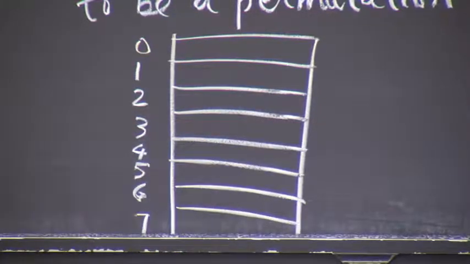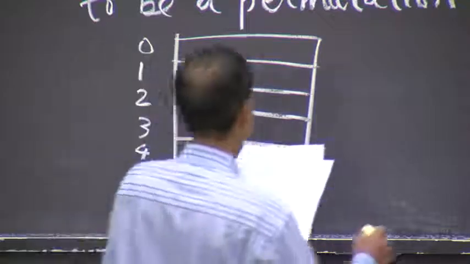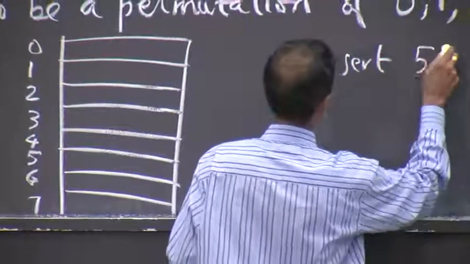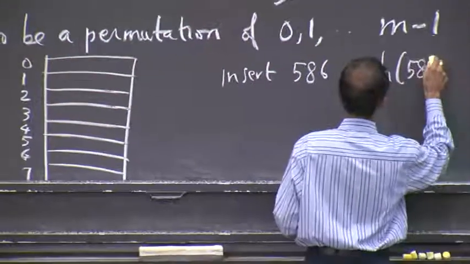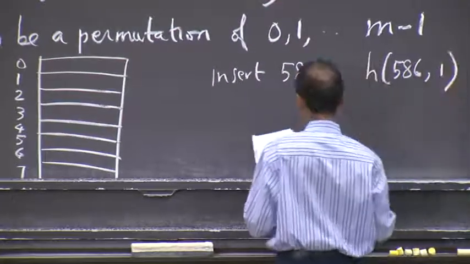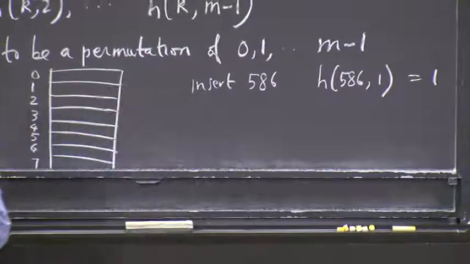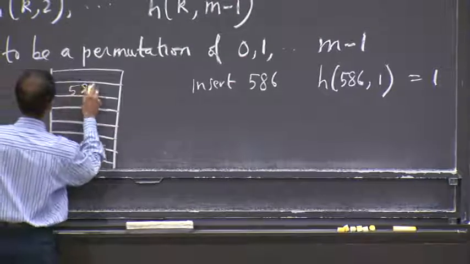Right here I have 7 slots. Let's say that I want to insert 586 into the table, and I compute h of 586, comma 1, and that gives me 1. This is the first insert. So I'm going to go ahead and stick 586 in here.